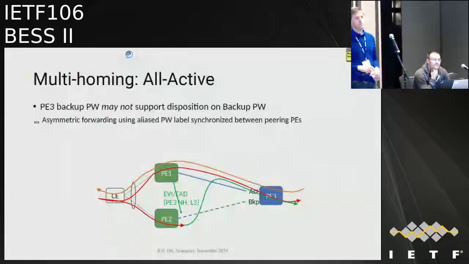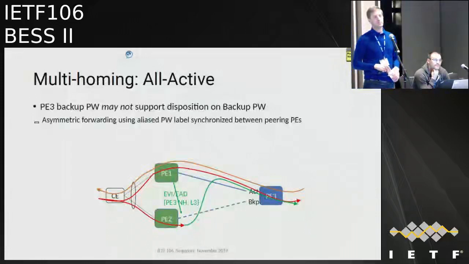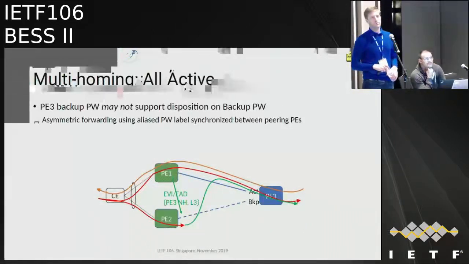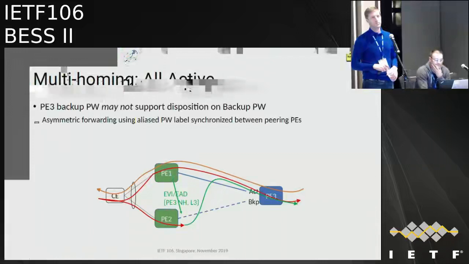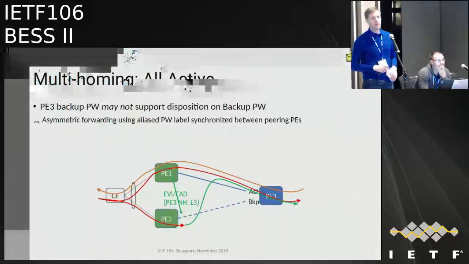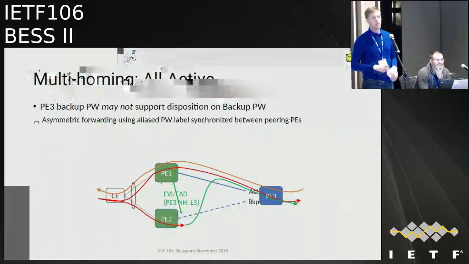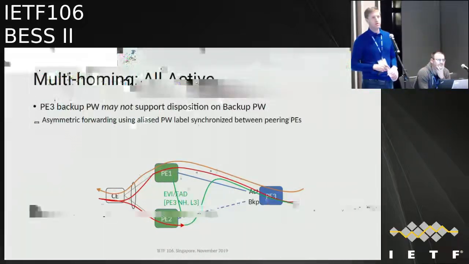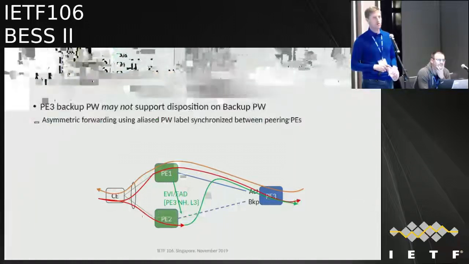Hi, Bo from Huawei. I have a comment: should we consider whether to support multi-homing where the PEs are different? One is legacy and another is hybrid. Sorry, what? One multi-homing PE is legacy, and another is hybrid.